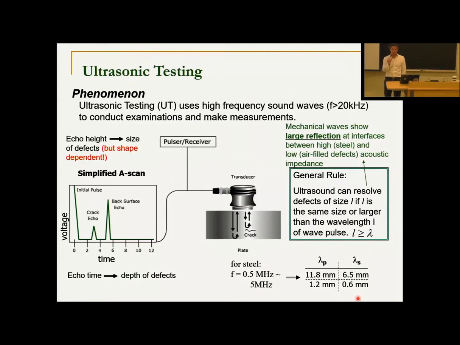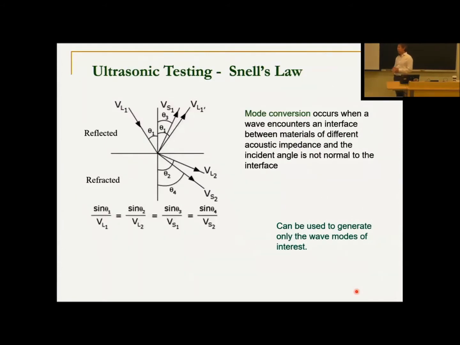Right? So we cannot find very small defects, but we can find reasonably small defects. And we control that for a fixed velocity by changing the frequency of the wave. Higher frequency, smaller wavelength.